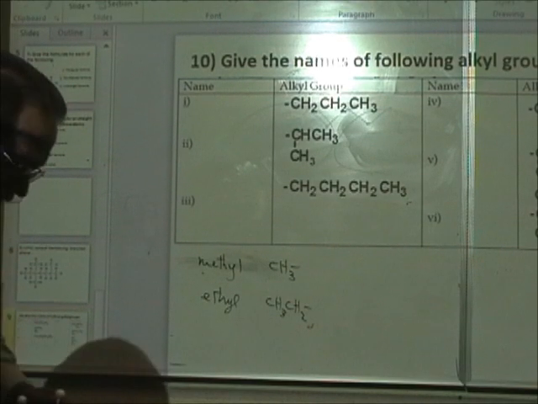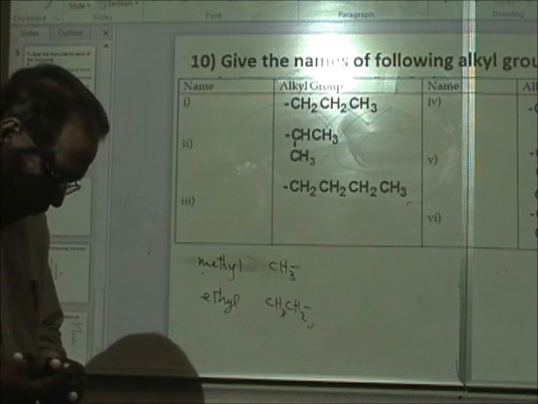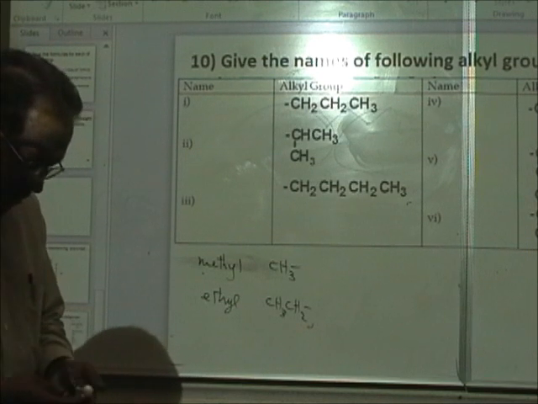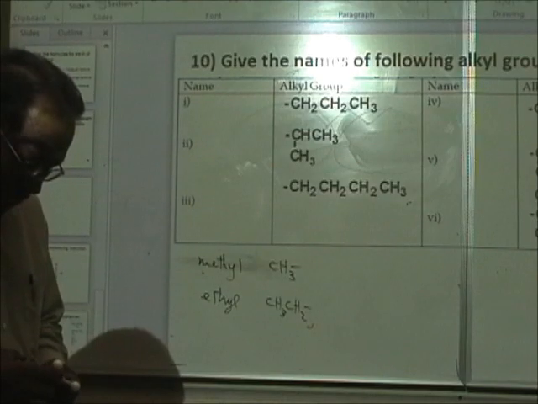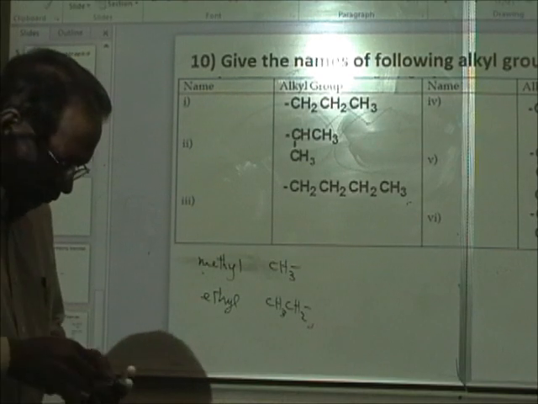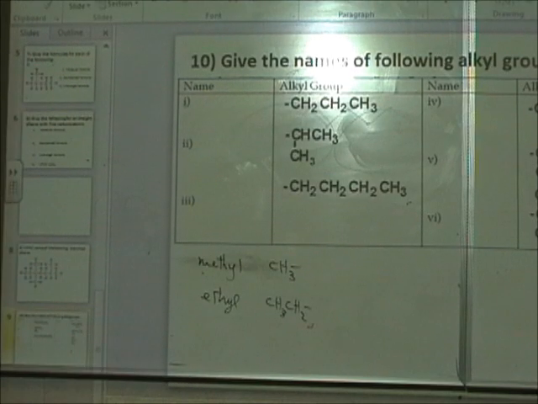Now when you extend this to propyl, you're going to run into something that we're going to explain now. Now in a propane, here, 3 carbon atom hydrocarbon, did you see the difference between terminal hydrogens and CH2 hydrogens?